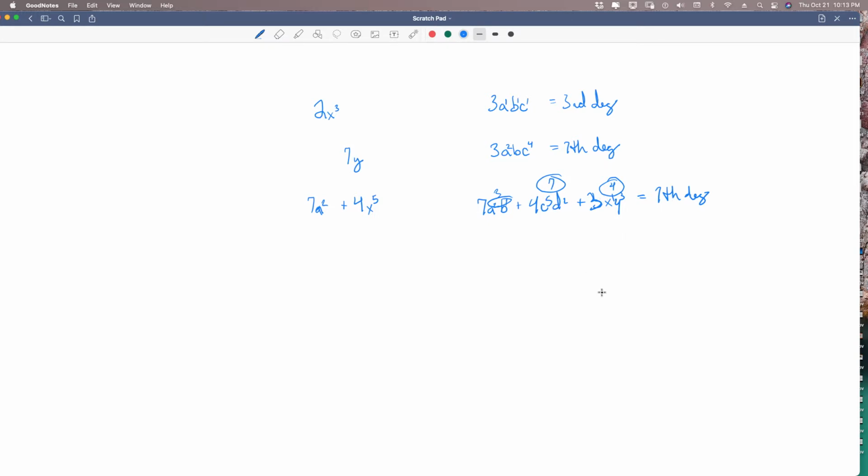The other thing I wanted to say was that if you have, let's say we have this here, let's say it equals 0. If you have a polynomial expression that has an equal sign on the end of it, this would be called a fifth degree polynomial equation.